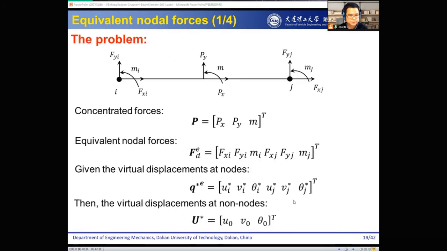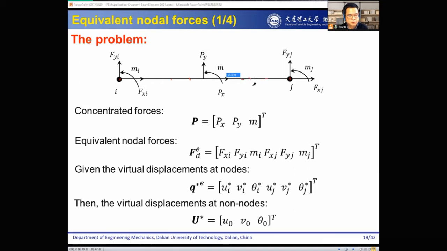So if we know the displacement at the node, we can use the displacement field function of this beam element to work out the displacement at any point inside the element. This is what we wrote down when we worked out the FE procedure.